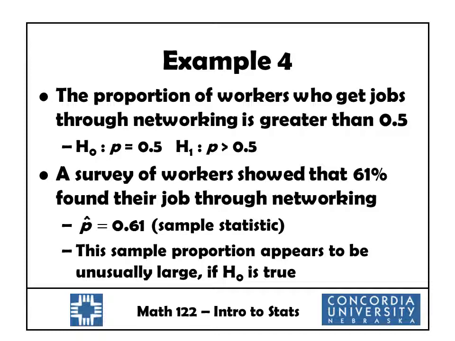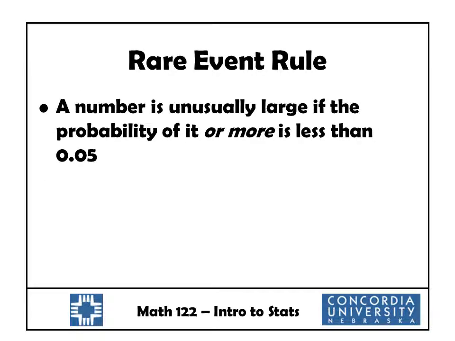So if the population proportion really is 0.5, then it would be unusual to get a sample proportion greater than 0.5. So we need to determine, is this an unusually large proportion? If it is, then there's maybe something wrong with our assumption. If it's not an unusually large sample proportion, then maybe there's nothing wrong with our null hypothesis, our assumption.